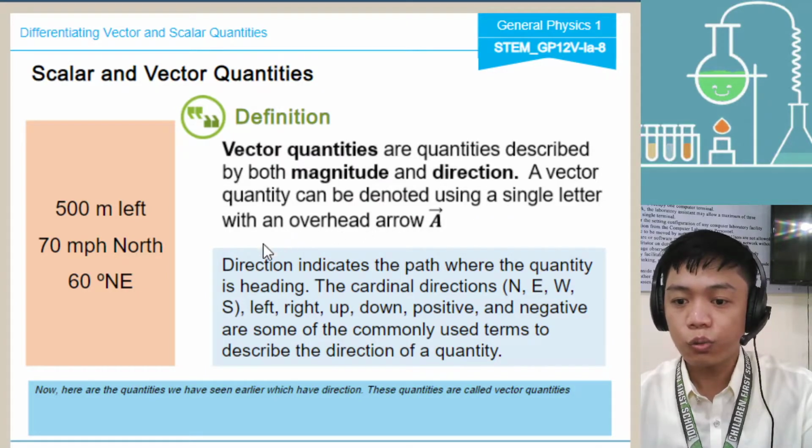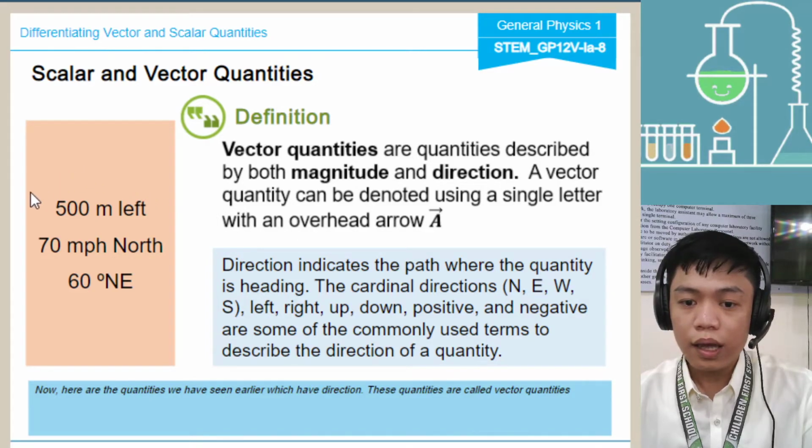A vector quantity can be denoted using a single letter with an overhead arrow. Take note, class, that if you see a letter A with an arrow on top, that denotes a vector quantity. At this portion of the slide, we can see different examples of vector quantities.